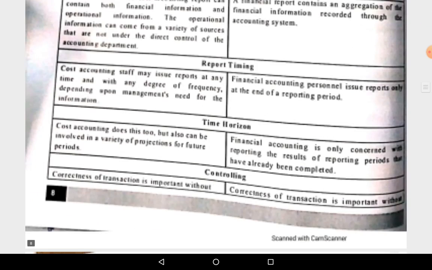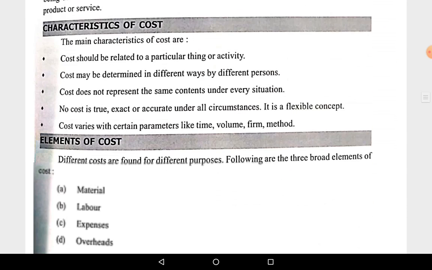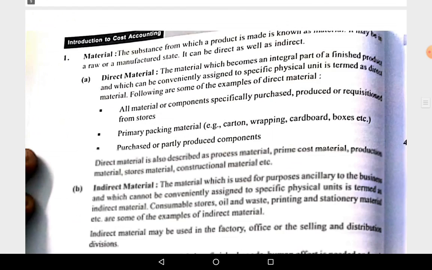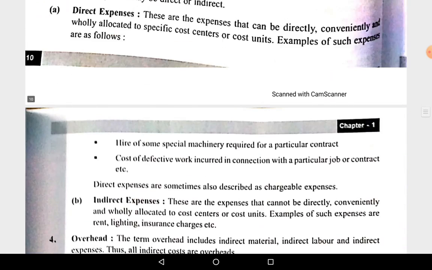We will complete that question first, and later we will come to functions of cost accounting, scope of cost accounting, advantages, and disadvantages.